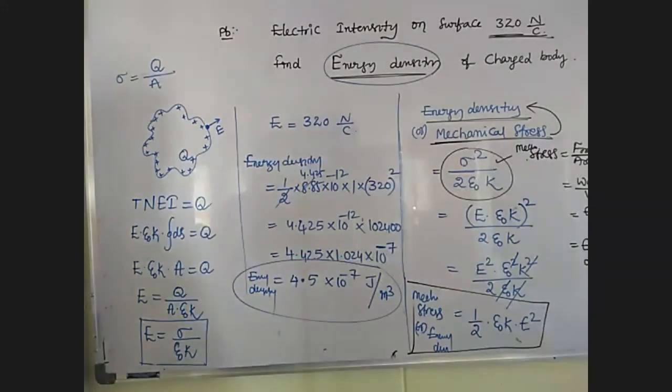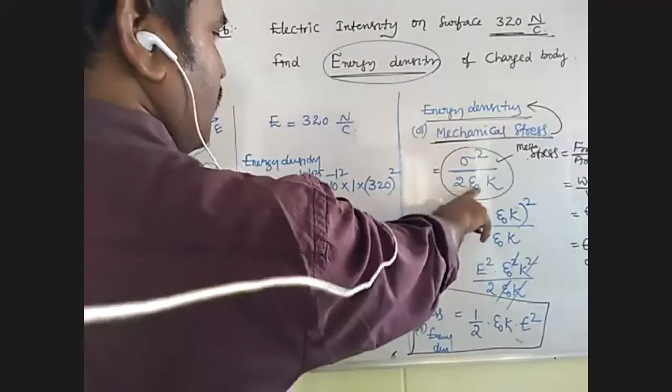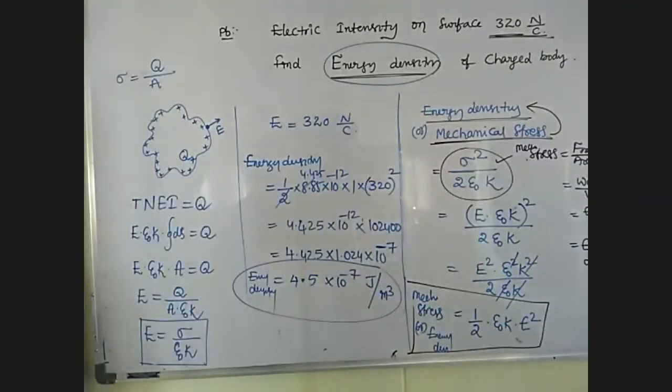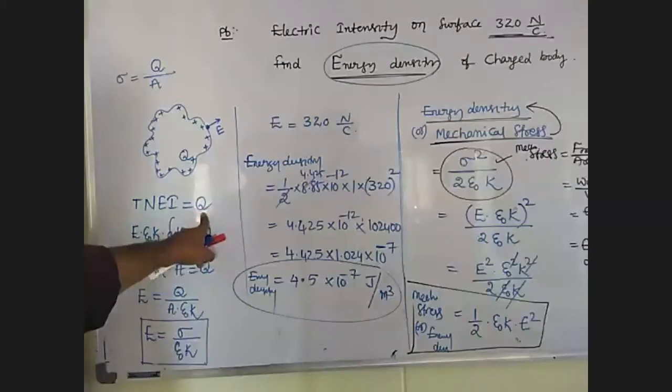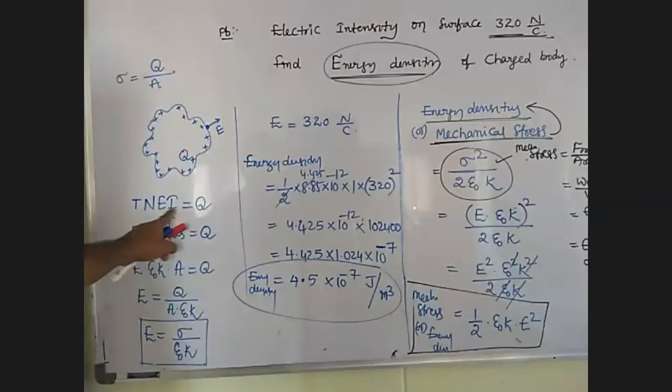Then in this condition we use sigma square upon 2 epsilon naught K. For sigma, you know that total normal electric induction equals total charge. Normal electric induction into area equals charge.